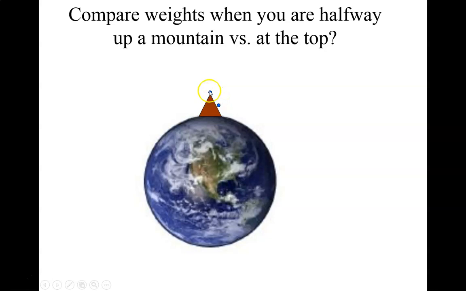Is gravity 1/4 as strong on you here because you're twice as far away from the surface of the Earth? No, it's not. Well, first off, this is a pretty extremely exaggerated mountain. There are no mountains that stick out quite that high. But even if we did have a mountain that tall, you would be in outer space at the top.